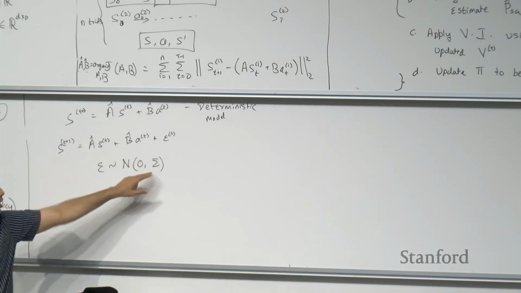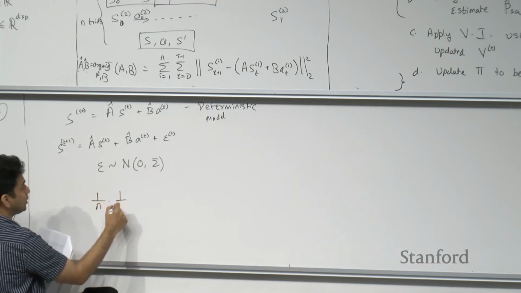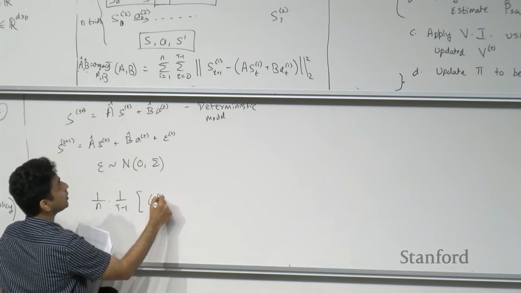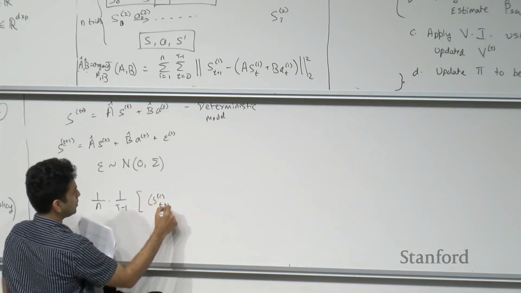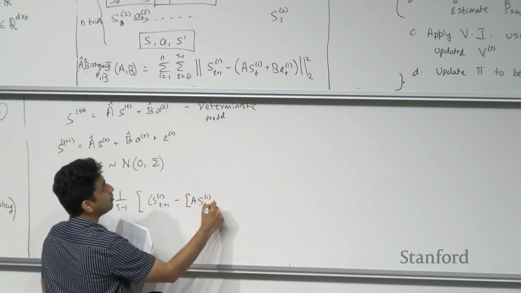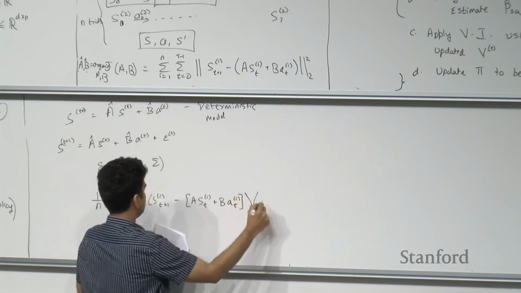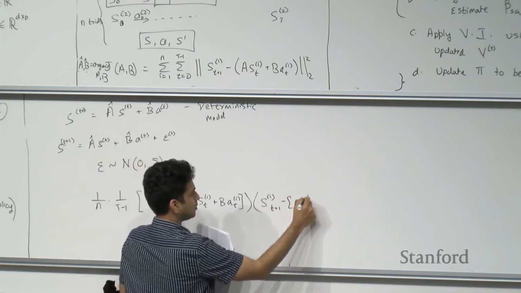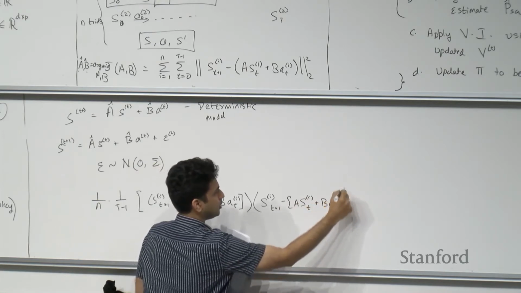Basically, you can estimate this covariance as 1 over n times 1 over t minus 1, the sum of S t plus 1 minus (A S t plus B A t), times the same quantity transpose, right?